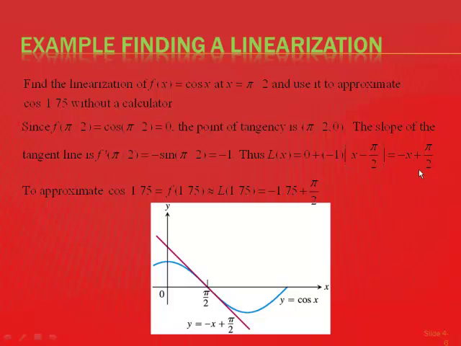Instead of putting 1.75 into my original function, which would require a calculator or some other method, I can just put 1.75 into my equation of the tangent line and get a very close approximation. So my answer would be negative 1.75 plus pi over 2, and that's as far as we would go without a calculator.